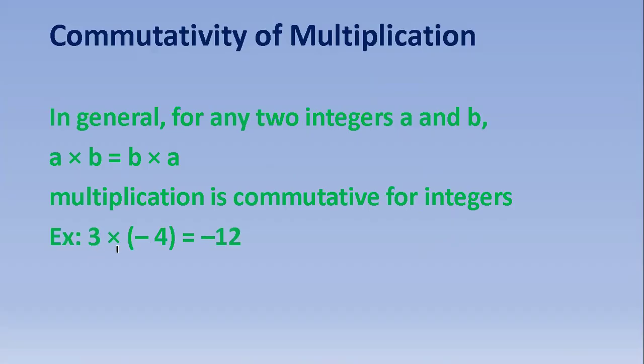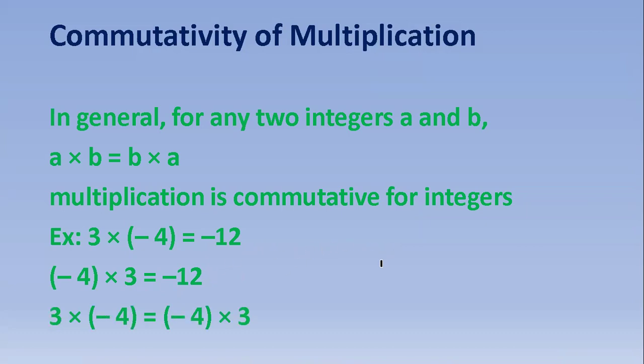Example, 3 into -4 is equal to -12, and -4 into 3 is equal to -12. Here, a into b is equal to b into a. The product is the same for a into b and b into a. Therefore, the commutative property holds in integers.